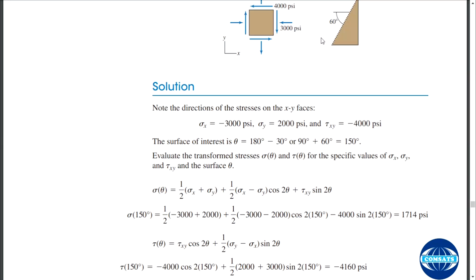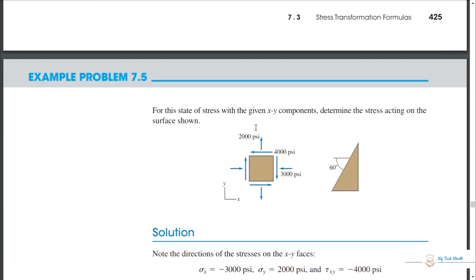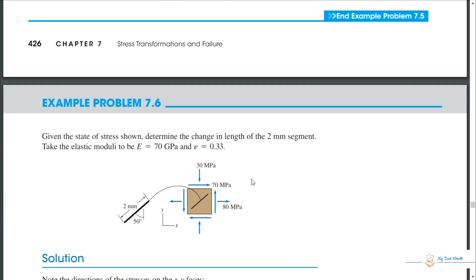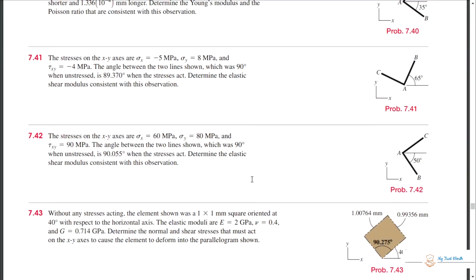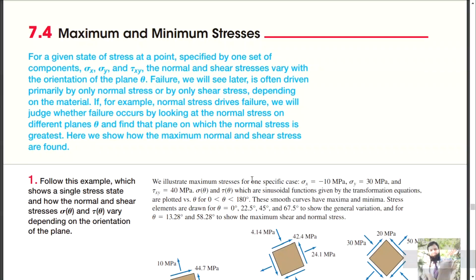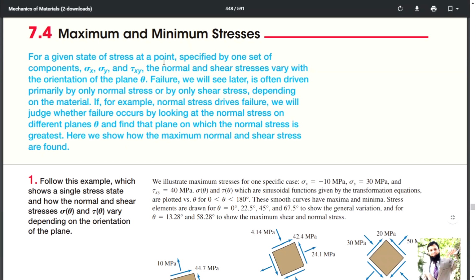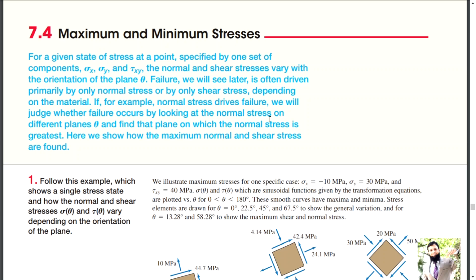then we solved some numerical problems related to this stress transformation, and then we went and we found the planes of maximum and minimum stresses. First we found the maximum shear stresses and the minimum shear stresses.